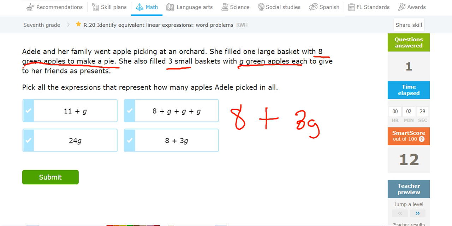So that's how I would represent it, 8 plus 3G. So then what would I end up doing? Well, I'm going to pick 8 plus 3G, but then I also recognize that since it's 3 baskets, this one also represents it: G for the first basket, G for the second basket, and G for the third basket. So that will also be an equivalent expression.